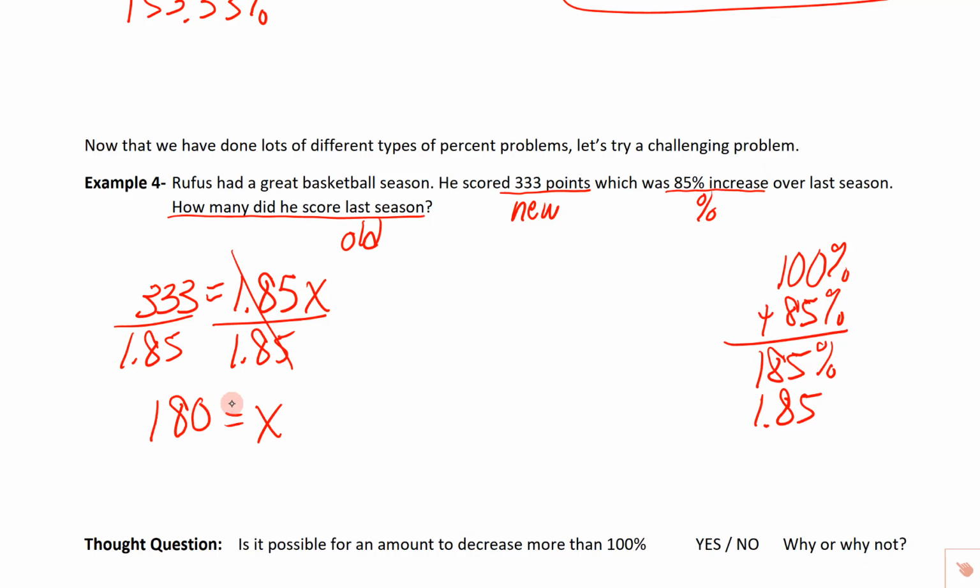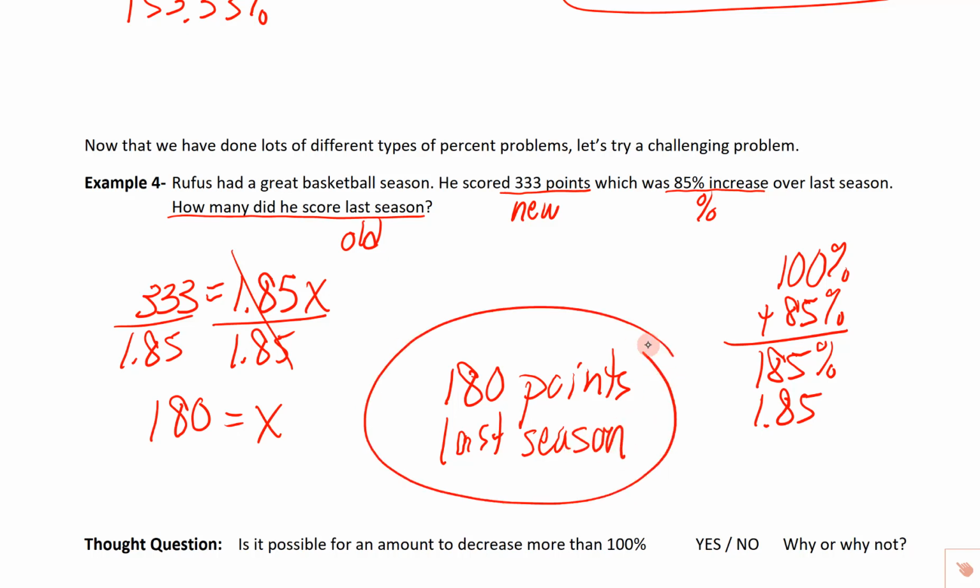So the old amount would have been less than the new amount. So last season he scored 180 points. And since he increased, what he scored this season, of course, would have been higher.